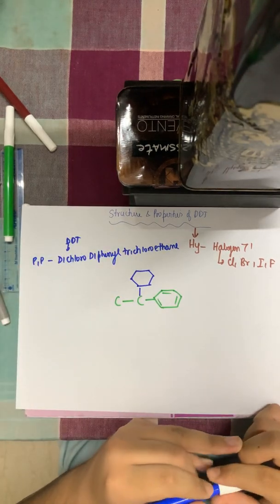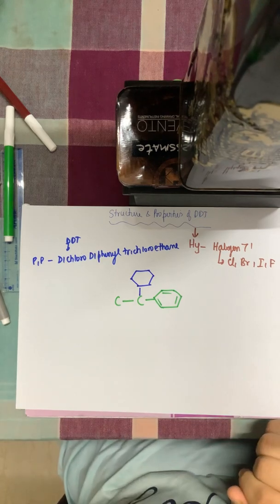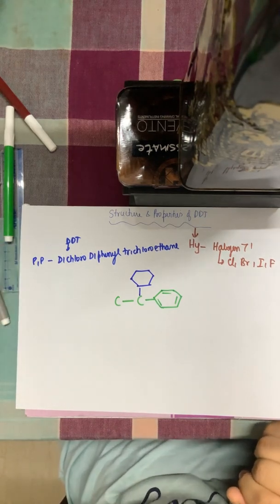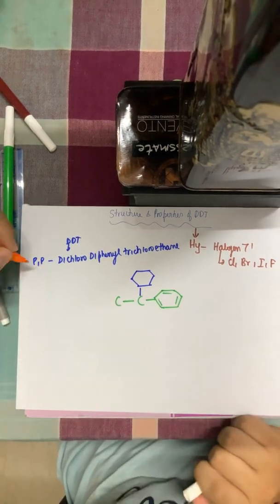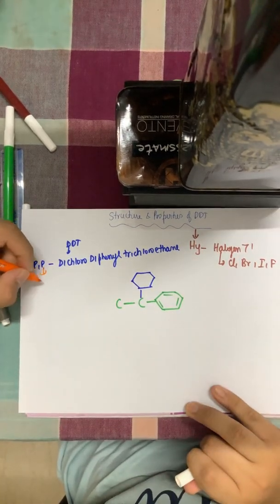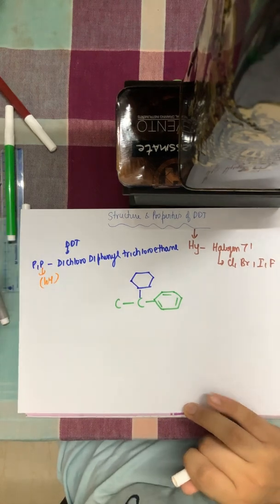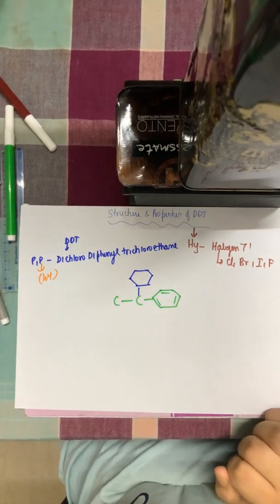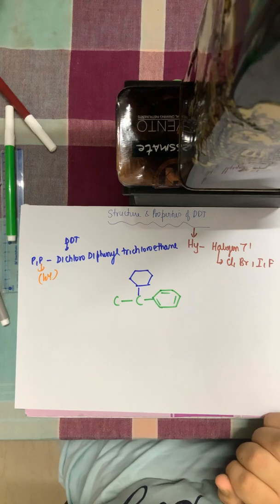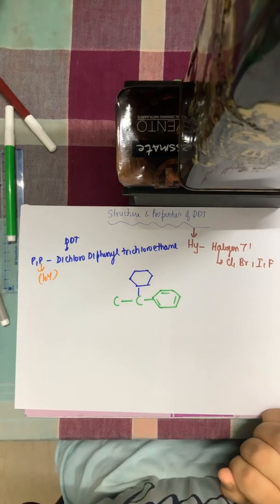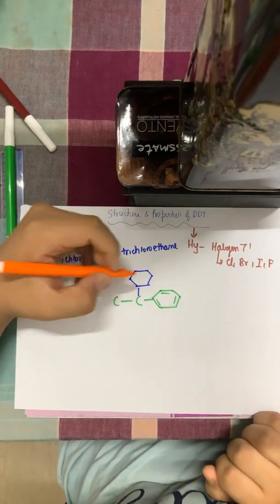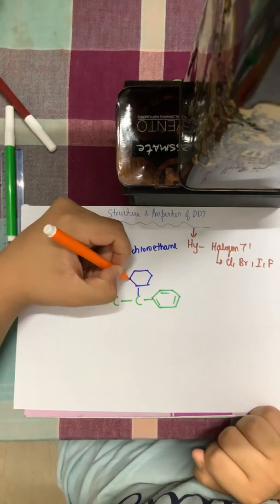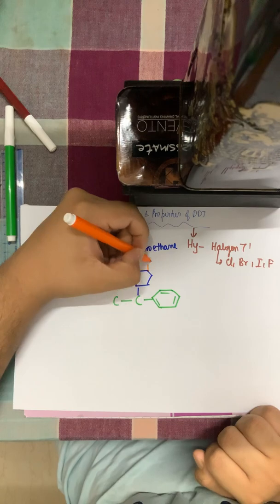Now these benzene rings have dichloro, that means they have chloros at the para position. Para position means 1,4. Carbon number 1 is where the phenyl gets attached to the ethane. From there we count carbon number 4: 1, 2, 3, 4. 4 is para, so I put a chloro here.